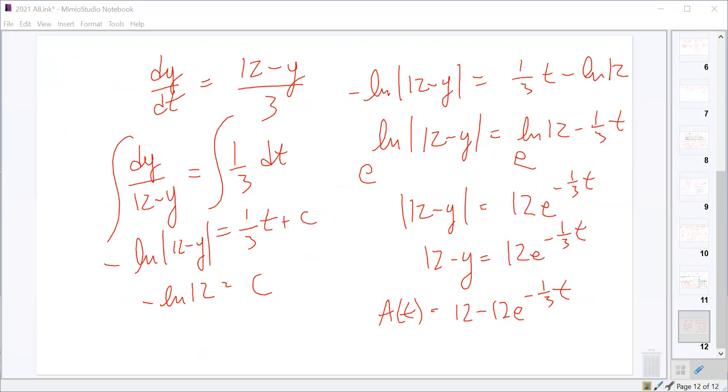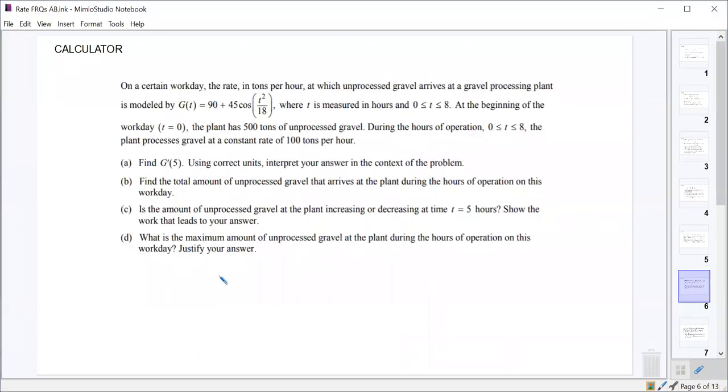You all did this one already, right? Calculator problem, so hopefully you've got the right answers from your calculator. We have unprocessed gravel arriving at the gravel processing plant, and we have a function g of t, and an initial condition that at t equals 0, there are 500 tons of unprocessed gravel. We need to keep in the back of our heads that there's an initial condition.